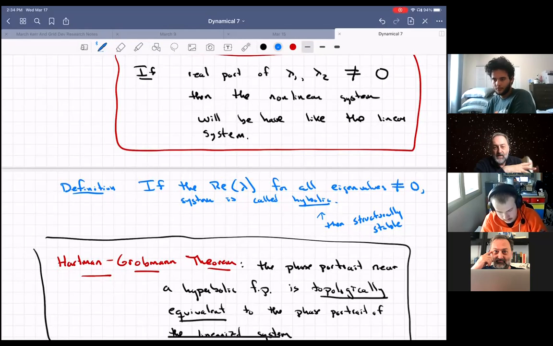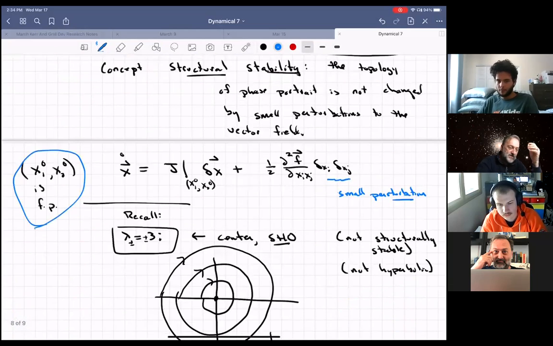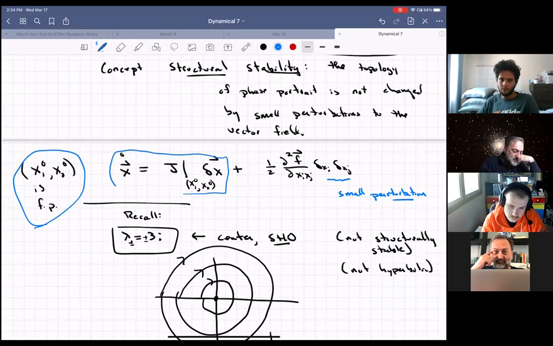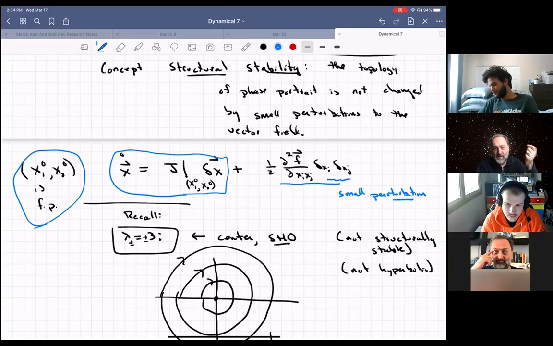And that means that the linear system is a good representation of the nonlinear system, because with the structural stability, any perturbation that came from this nonlinear part that I've excluded. So here's my linear part of the system, right? So this thing, this dot here, that box, that's my linear system. This other part here, that's my perturbation. If my linear system is structurally stable, then the perturbation is not going to change what the system's doing, is the idea.